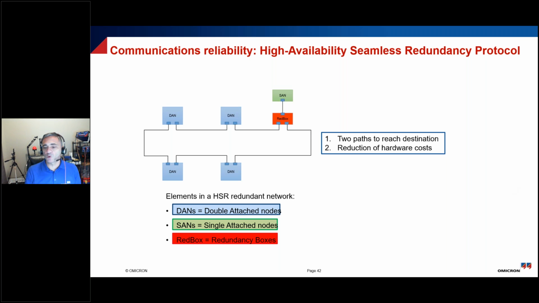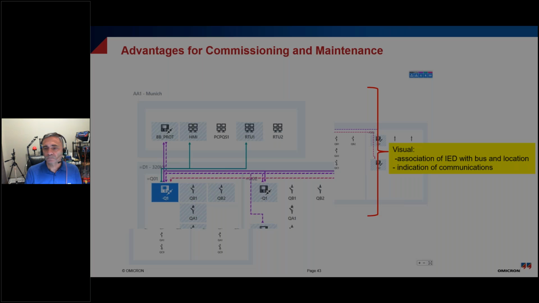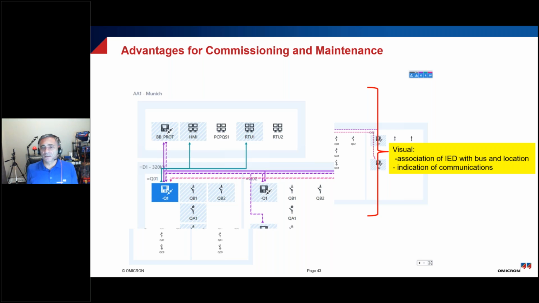Again, very robust communications. And another advantage of this type of communication is that in the old-fashioned days, you would see the fellows with meters, or even today with meters, going around checking all of the communications. Well, because you have a description of that communication in the common description language, that substation configuration description file, you can actually feed that information to devices, and they can give you a visual representation of all of the communications that are going to your devices.